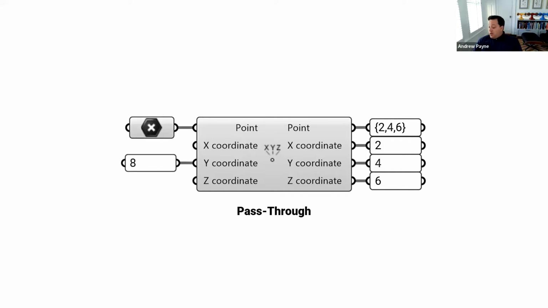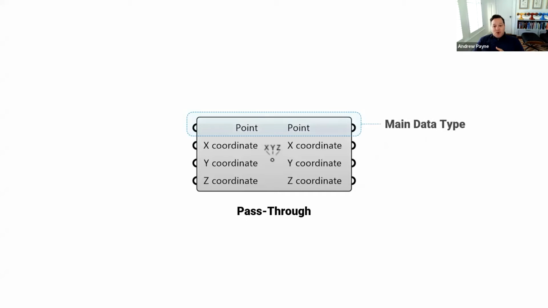If you decided you wanted to make one change to any one of those coordinates, you can still pass that in as an input, and it will take all the existing coordinates that you haven't changed and only replace the input that you did change. In this case, we changed the 4 in the Y coordinate to an 8 and left the other ones the same. Now we have a new point at 2, 8, 6 instead of 2, 4, 6.